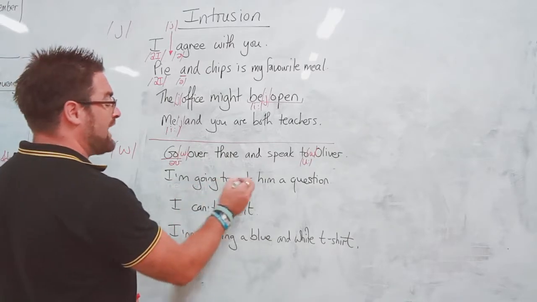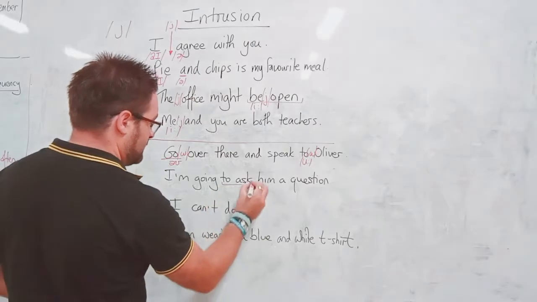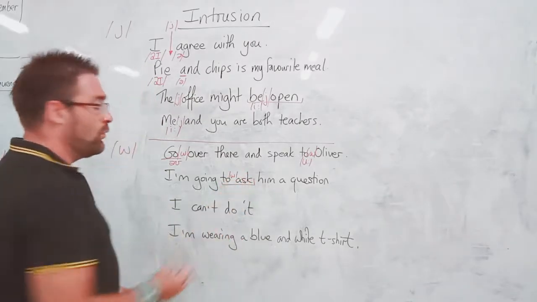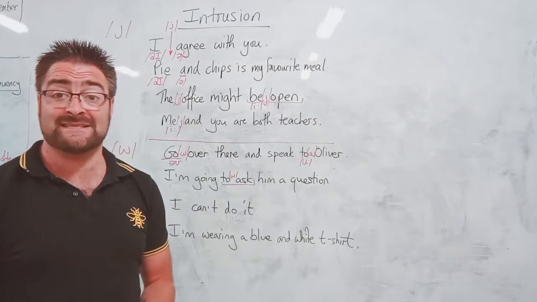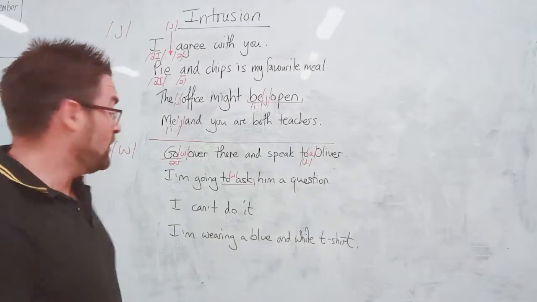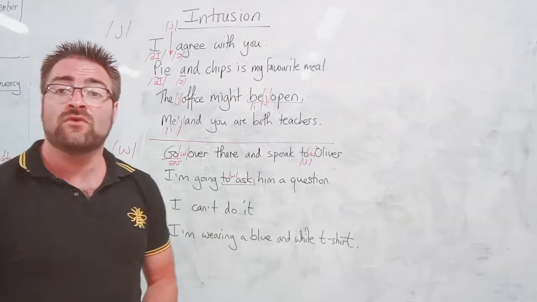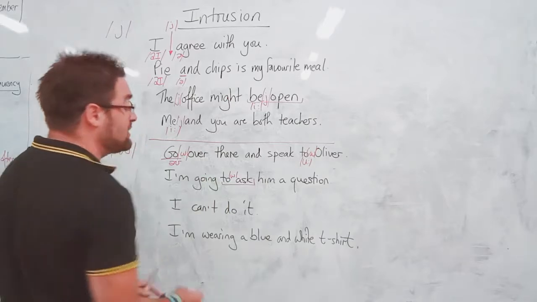Another one here. I'm going to ask him a question. Well, if we go here, the W will jump in. So to ask becomes to-w-ask. And this even works if we change going to for gonna. You'll often hear English people say, I'm gonna.